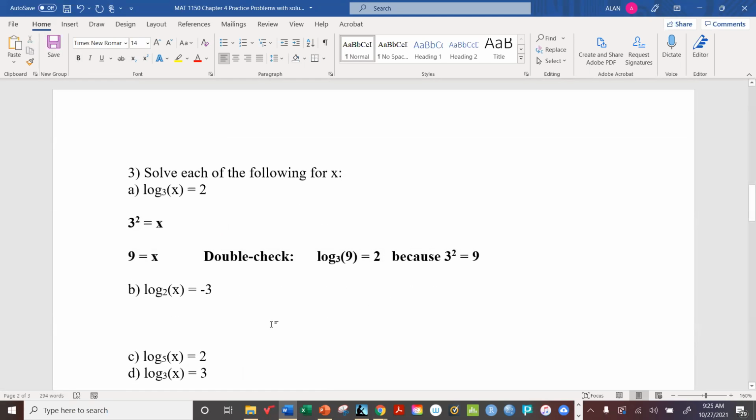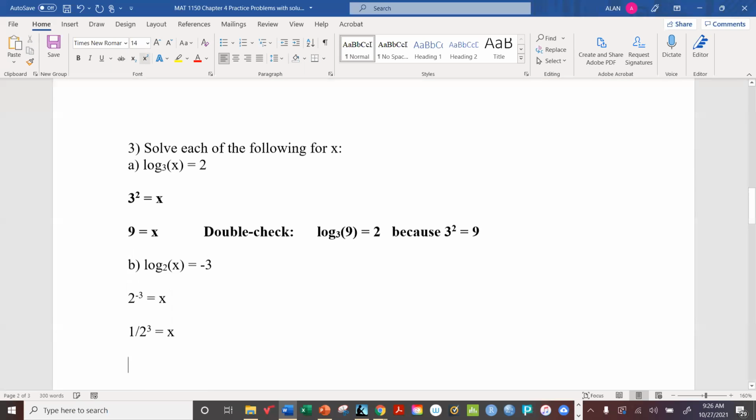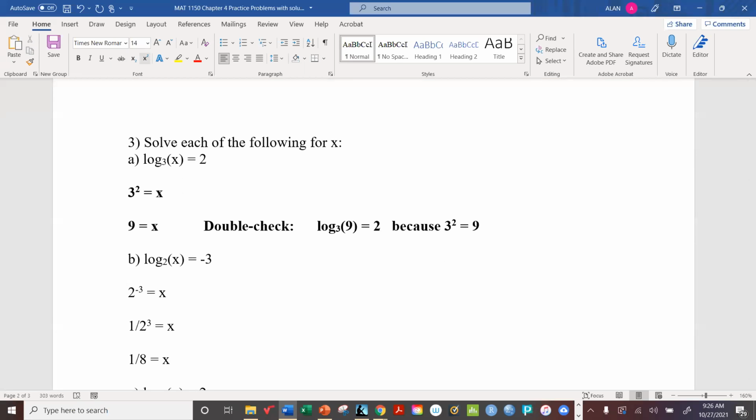All right, well then what about this one? 2 to the minus 3rd power is x. Now remember what that means. 2 to the minus 3rd is 1 over 2 cubed equals x, which means that 1 over 8 equals x. Okay.